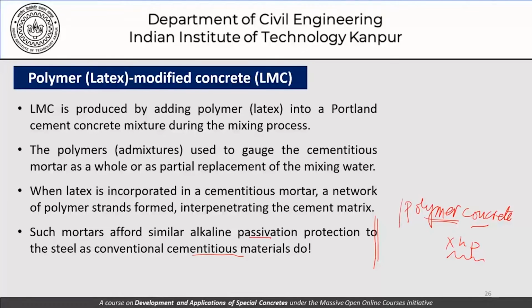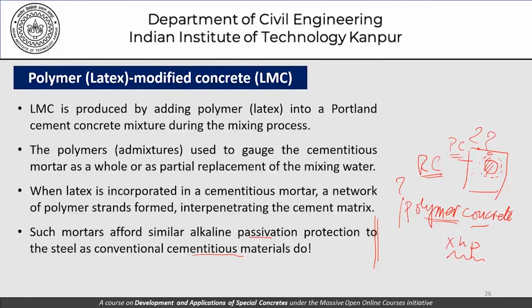What happens to the neighborhood of the steel if you are using polymer concrete instead of normal conventional concrete in reinforced concrete structures? We'll have a reinforcing bar here, surrounded by polymer concrete. What would be the pH of the system around here as far as the reinforcing bar is concerned? That is the question that you can think about.